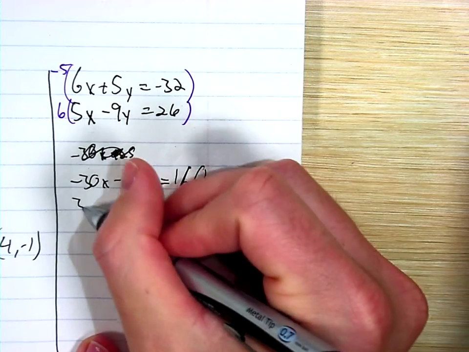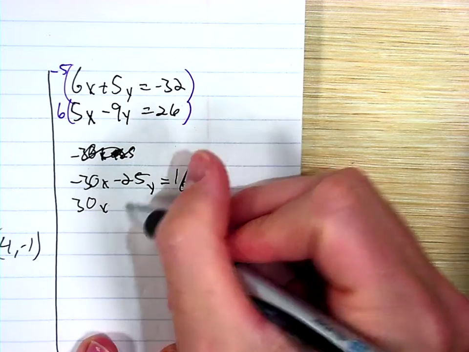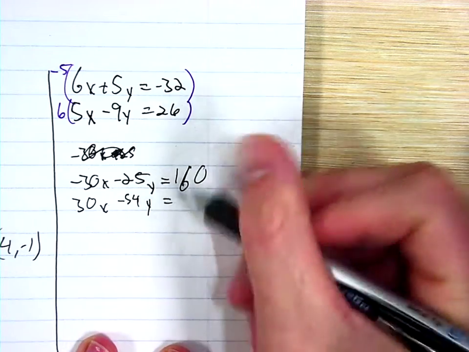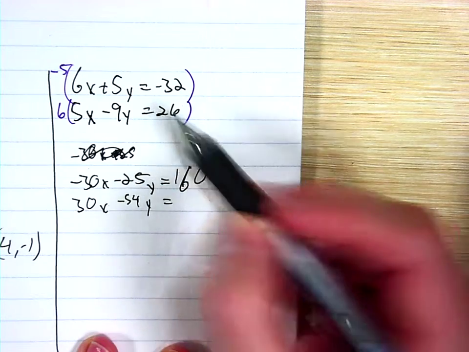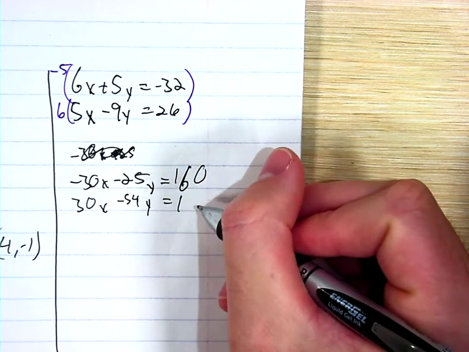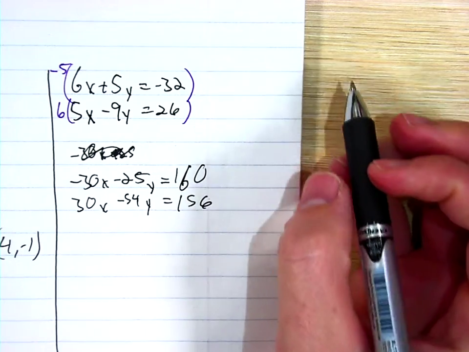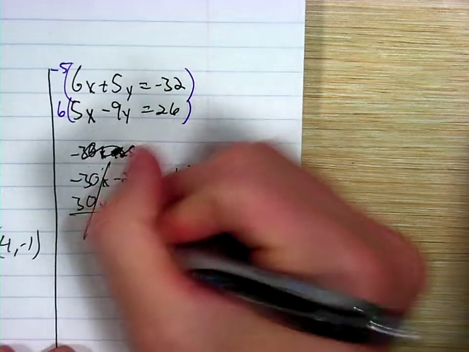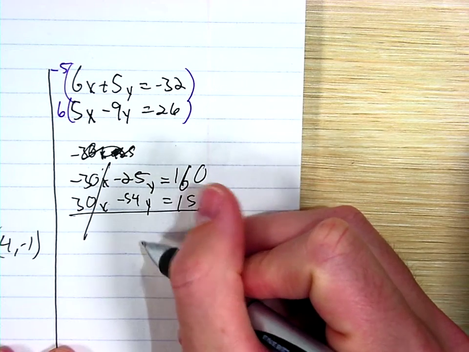Across the bottom now we'll have positive 30x minus 54y, 120 and 36 more, 156. Okay, now our x's canceled out this time.